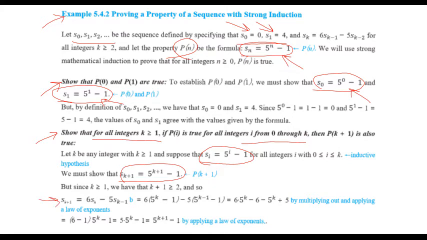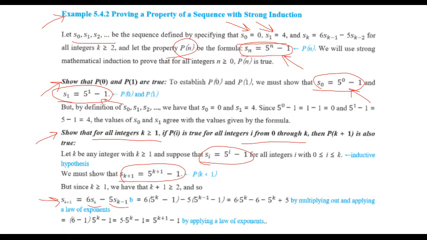Here, S sub k plus 1 is equal to 6 S sub k minus 5 S sub k minus 1 by the definition of sequence S. Then we can simplify S sub k and S sub k minus 1 by replacing them with their equivalent values given in the inductive hypothesis.